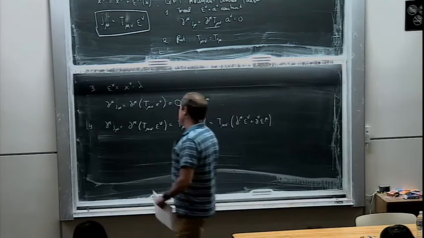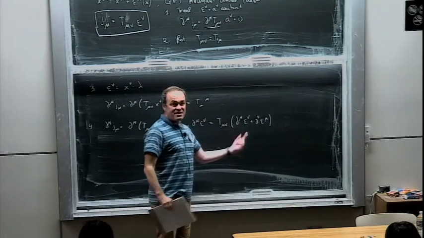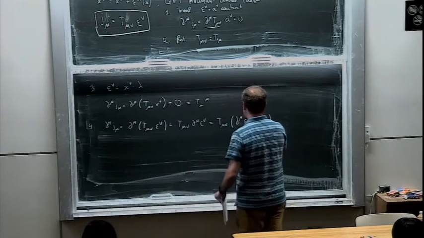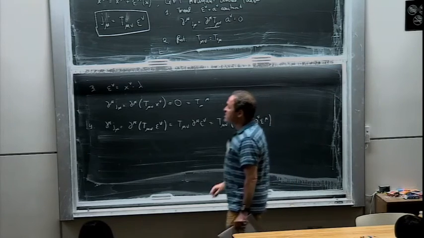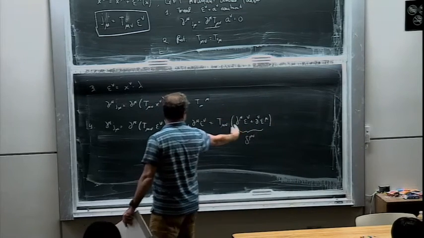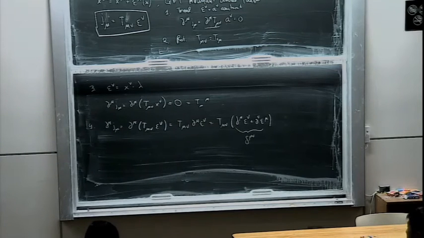And now for conformal transformations, you can actually argue that the thing which is written here is proportional to the Kronecker delta. That's because if you think about it, this quantity is precisely the change in the metric under coordinate transformations.